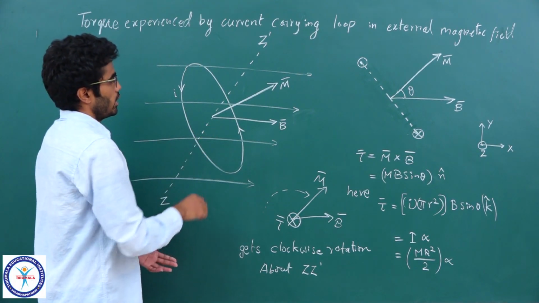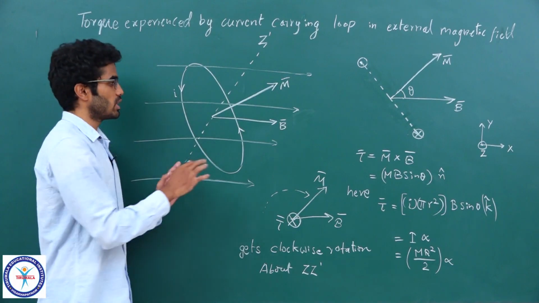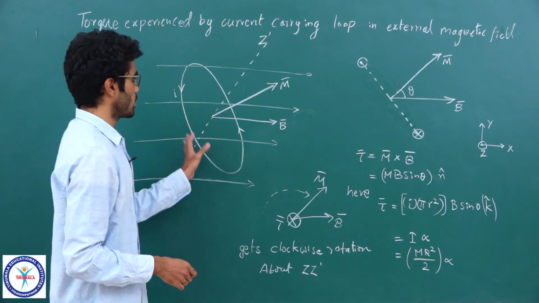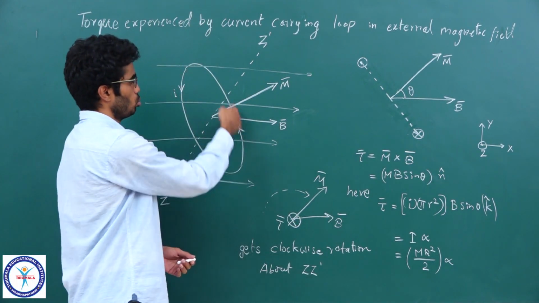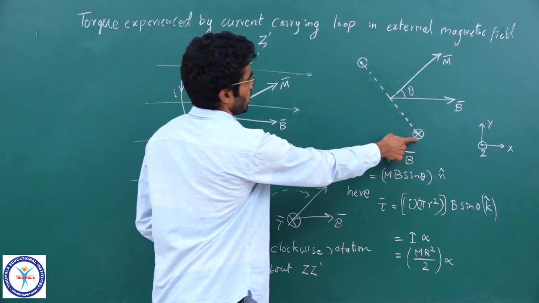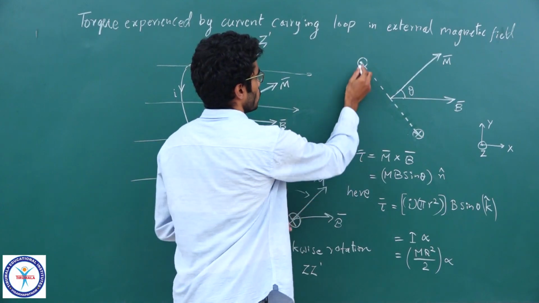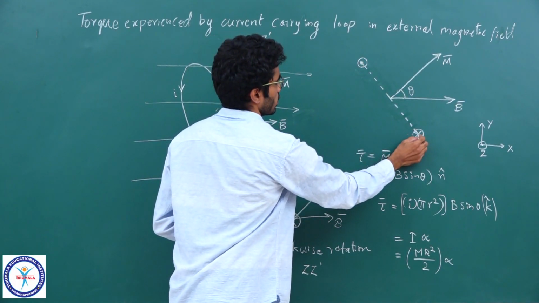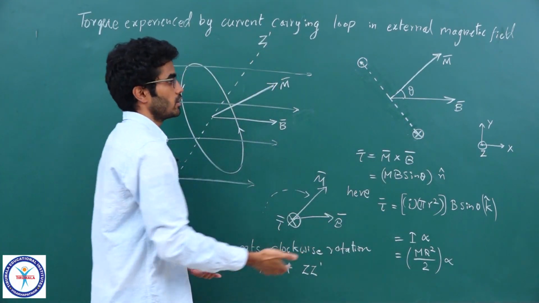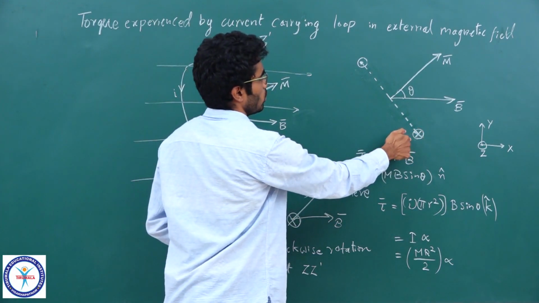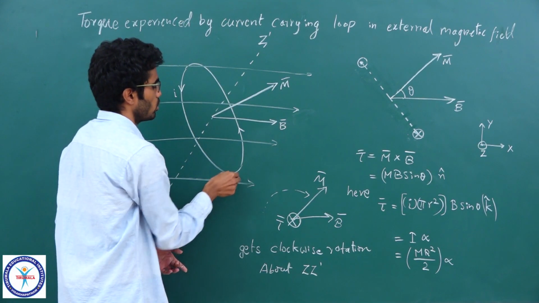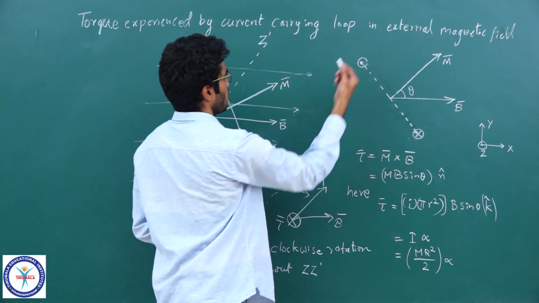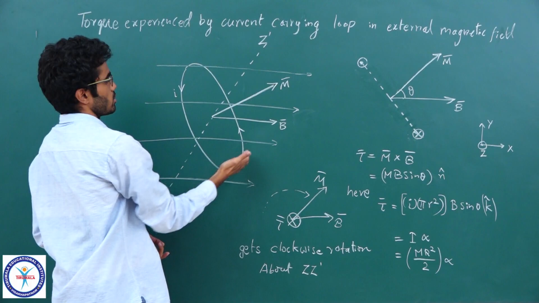Now, imagining the entire situation in 3D is a little difficult. So, let us reduce it to a 2D figure. This planar current carrying loop is represented by this system here. I am using a dot here and a cross here, indicating that the current is going into the board at this place, circulating like this, and coming out of the board at this location.